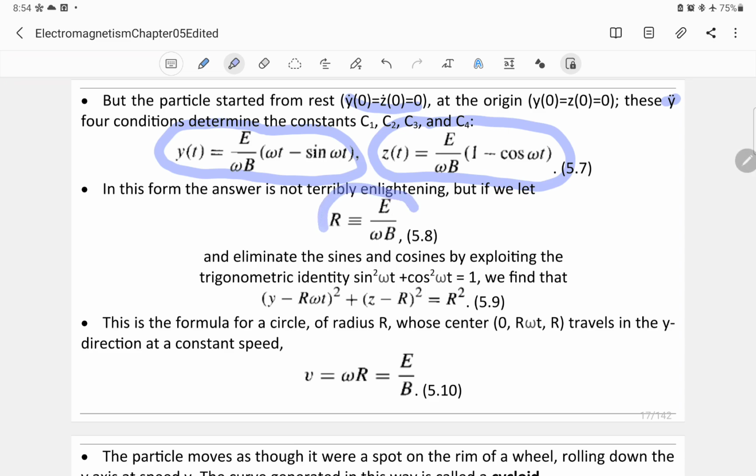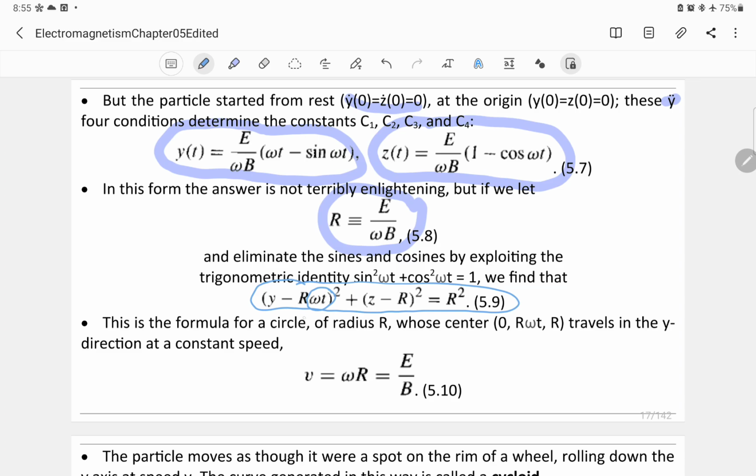If you let R equal E over omega B and eliminate the sines and cosines by exploiting the trigonometric identity here, then we will arrive at this equation. Which is just the formula for a circle of radius R, but this time it is traveling in the y direction at constant speed v, given by this one.